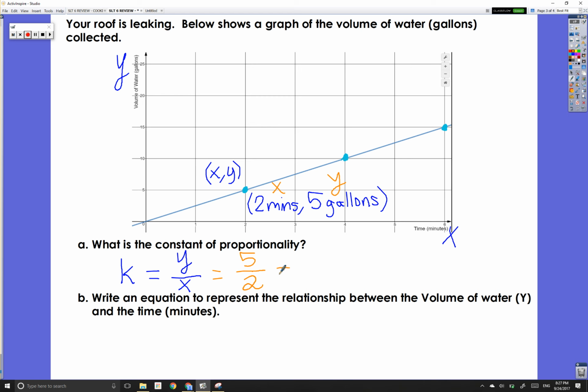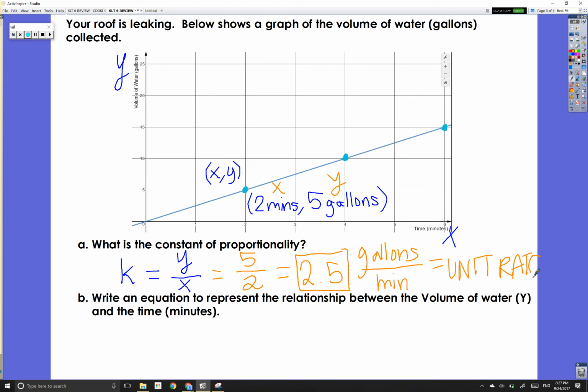You can change that over to a decimal value if it's exact, and it is exactly 2.5. So the constant of proportionality, this is the value, the numerical value. If you wanted to put in the units, it would be 2.5 gallons per minute, which is the same as the unit rate.